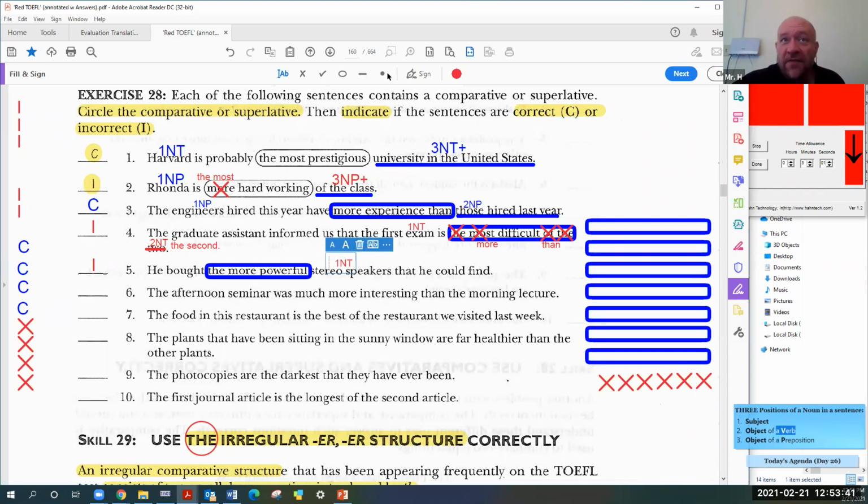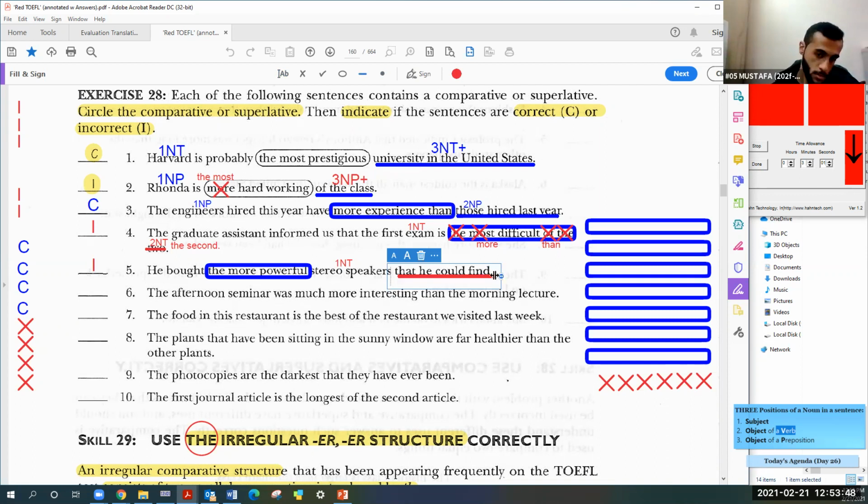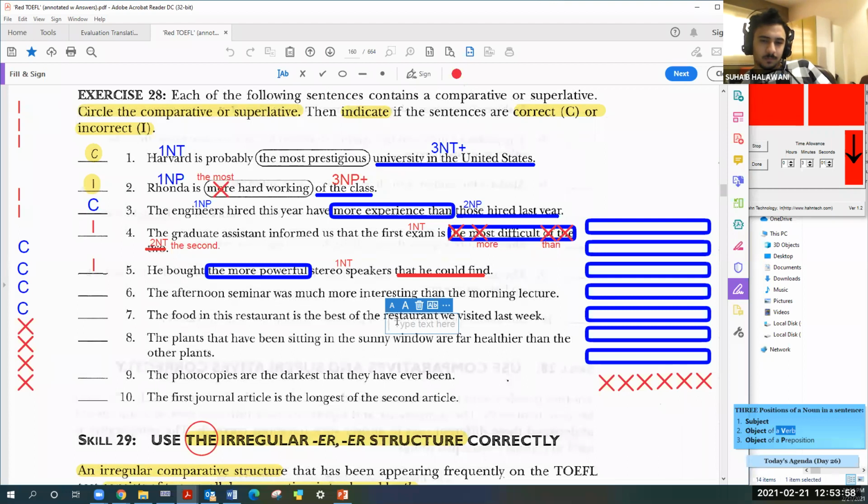And here, what do we have? That he could find. 3 or more. Did he see only one pair when he was shopping? Did he see just one pair? No. How many pairs did he see when he was shopping? I don't know. More than 3. Many.